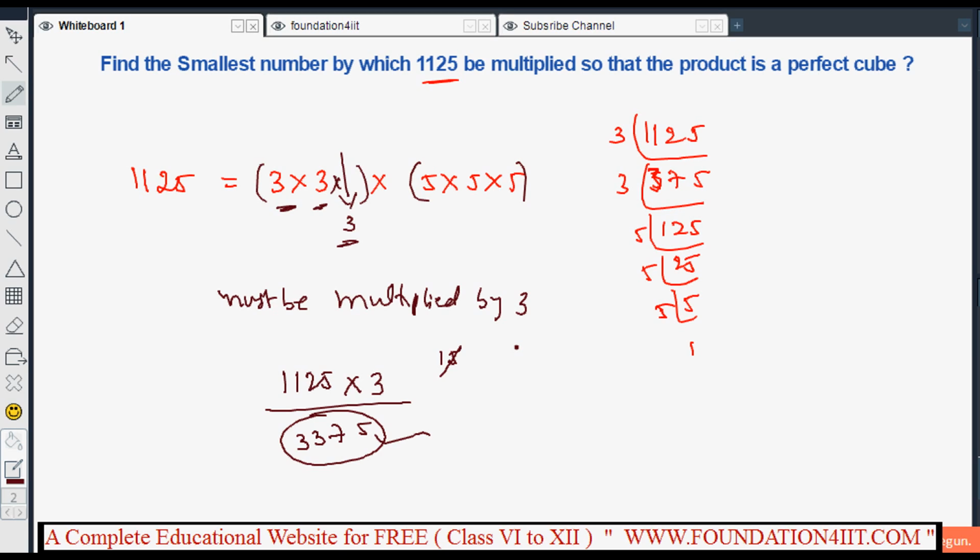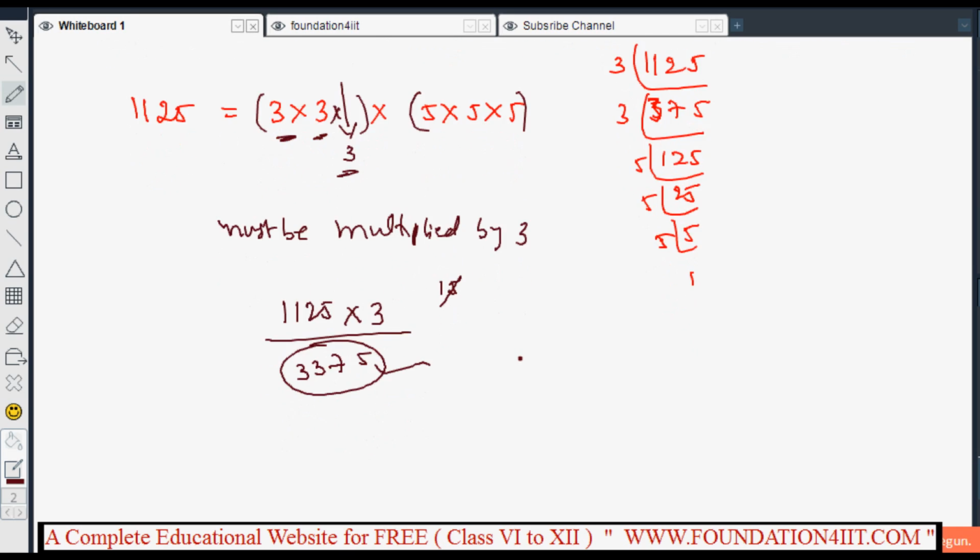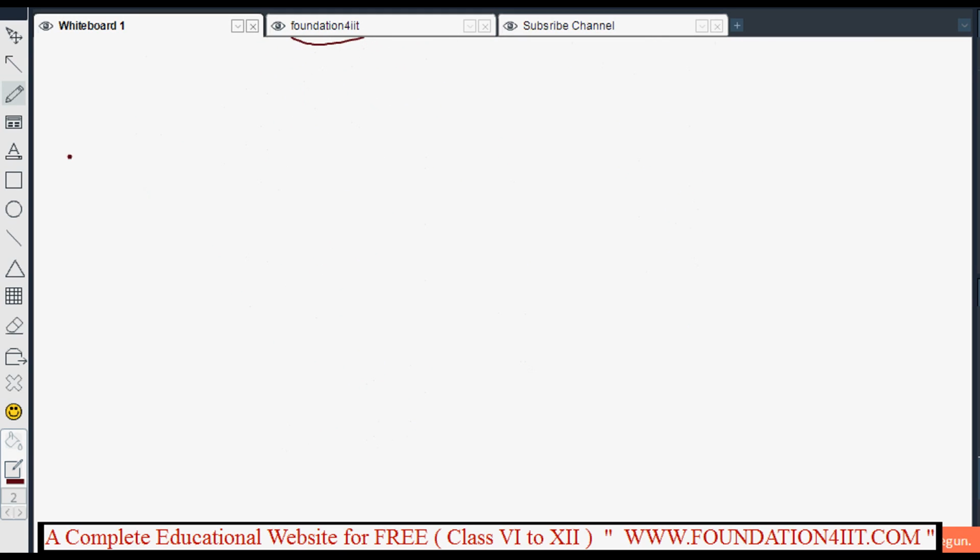Okay, this is the question of what we need to multiply to get a perfect cube. Now some questions will ask what is the smallest number we need to divide. I'll give you one more question.